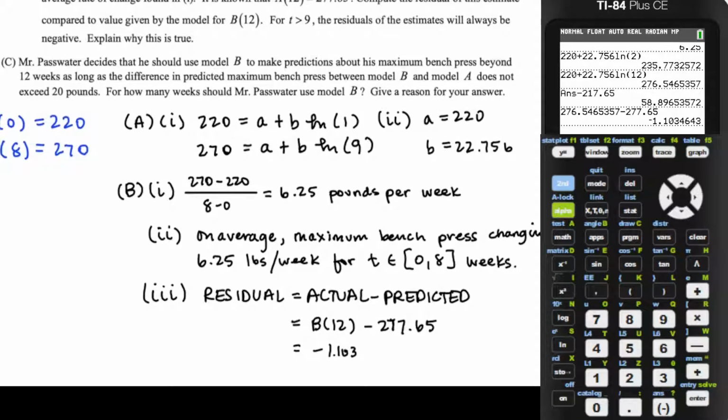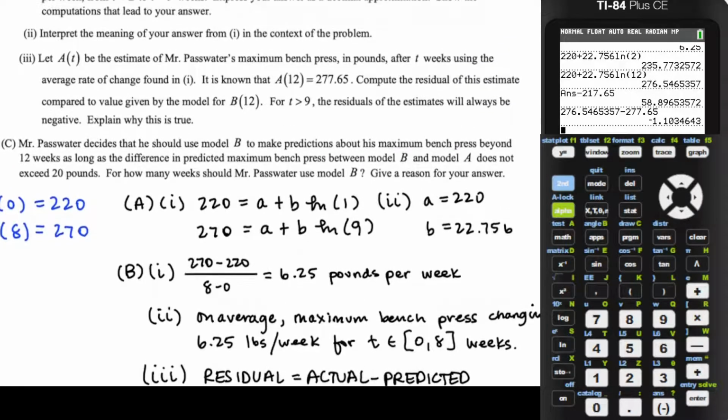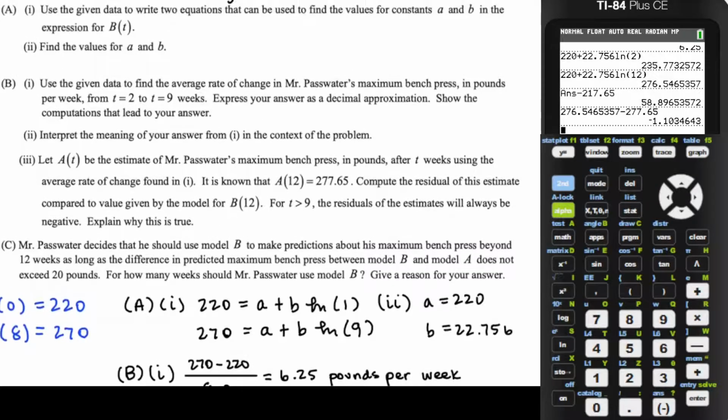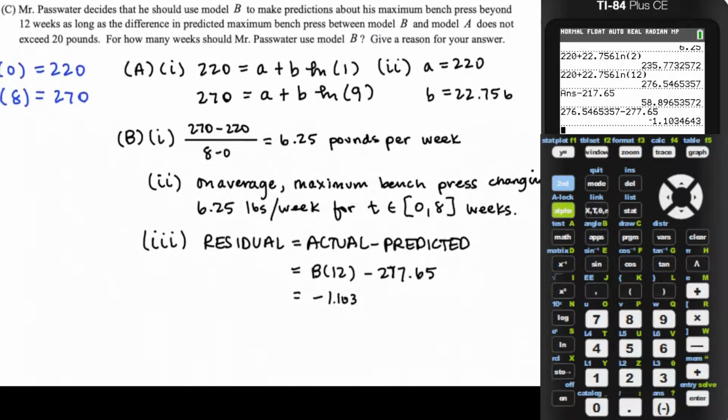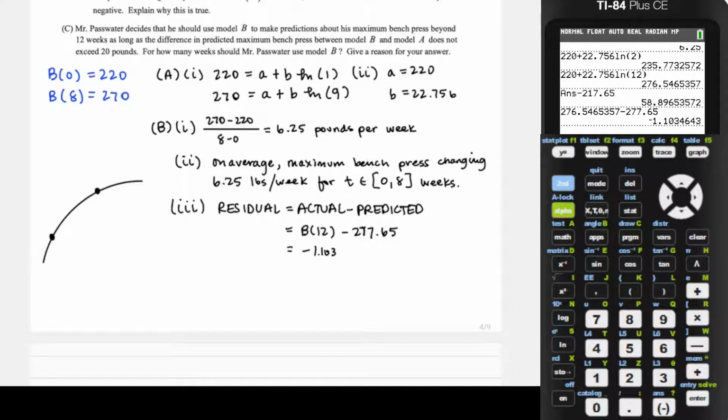And the residuals will always be negative. Okay, well, I think that must have to do with the concavity, right? Because that seems to be always the thing. A plus B natural log of T plus 1. All right, that is a log function that increases at a decreasing rate provided that everything is positive. So that's kind of what I've got. All right, that looks nice enough. And so, yeah, the residual will be the actual, which is B. So this is the log curve.